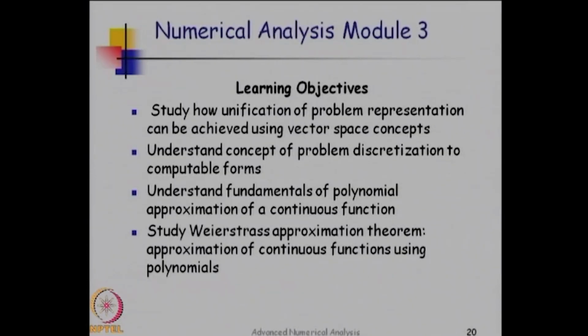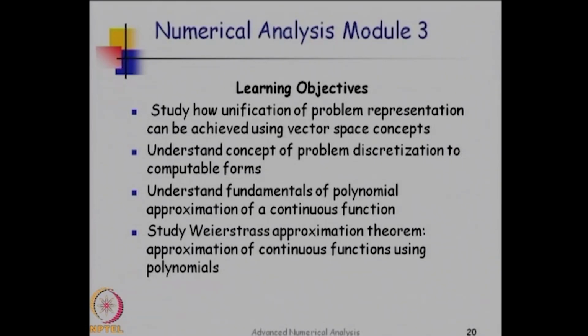There is a fundamental theorem in approximation theory called the Weierstrass approximation theorem, and this lays the foundation of all the problem discretization methods that are used in numerical analysis. This theorem states that any continuous function over a finite domain can be approximated with arbitrary degree of accuracy using a set of polynomials.